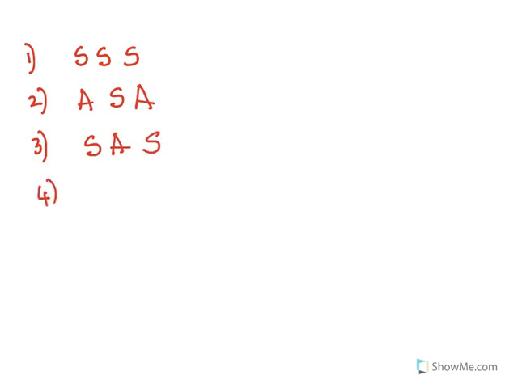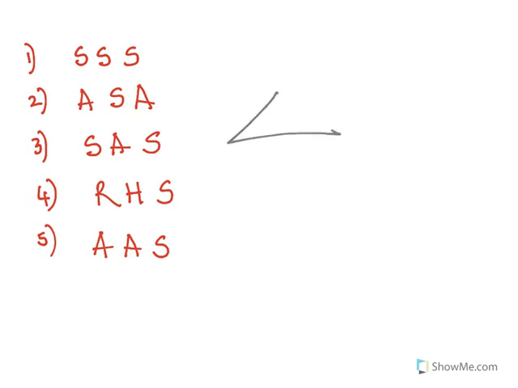So now to summarize, we'll be using these tests: the SSS test, and then you have the ASA test, and then you have the SAS test, and the fourth one is the RHS test. We also have the fifth one, that is the AAS test. And AAS test, by now you'd have probably guessed what it is.